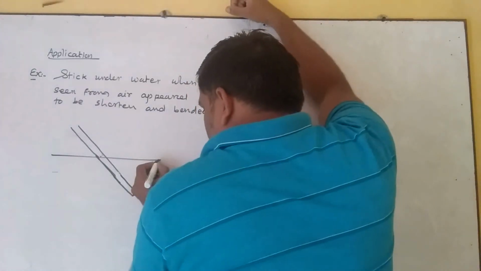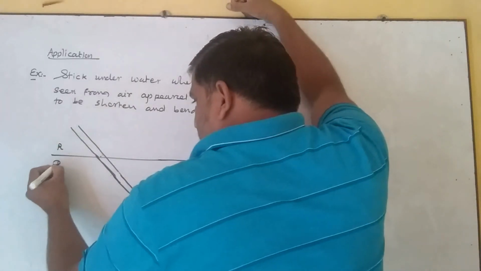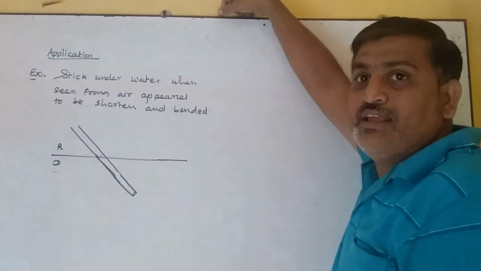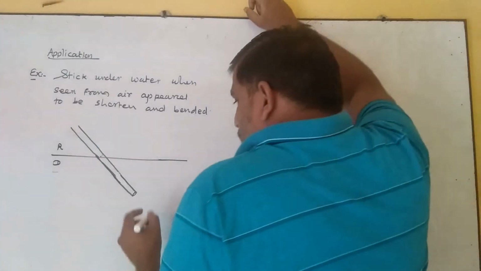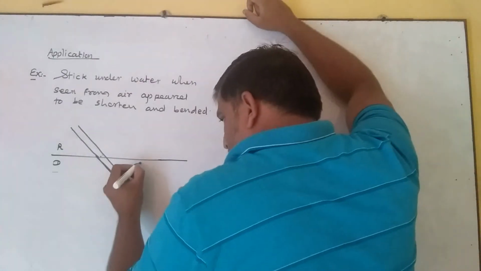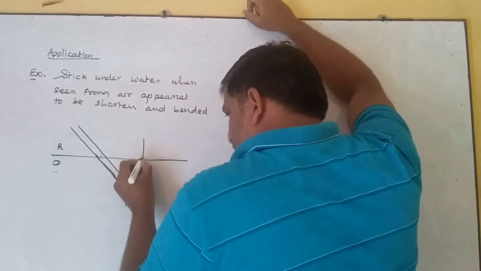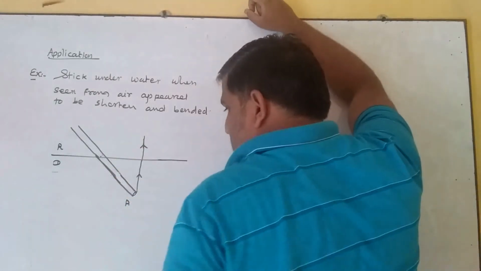Now here what happened? This is seen from the rare medium and the object is in denser medium. Two reflected rays from this position, say point A. Let's take one of the reflected rays along the normal, then we find it passes undeviated.